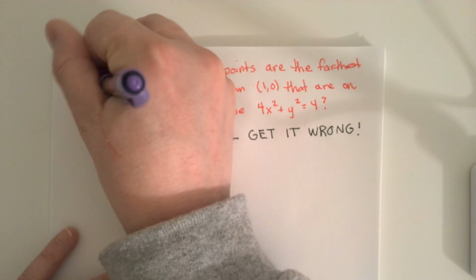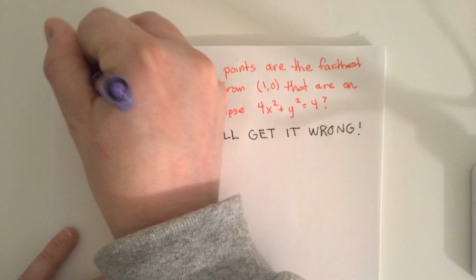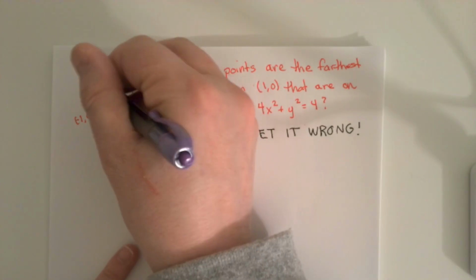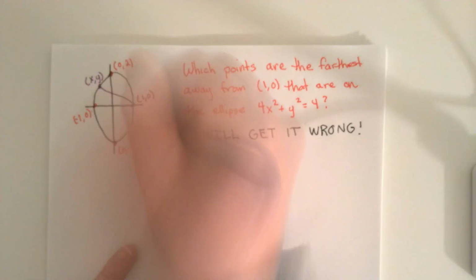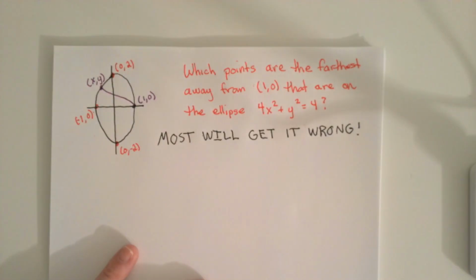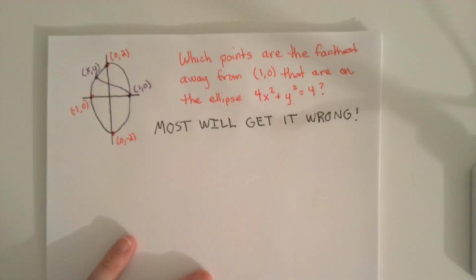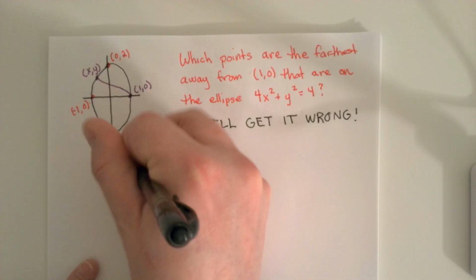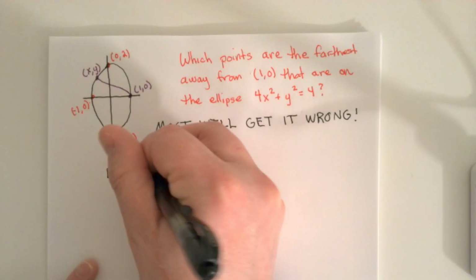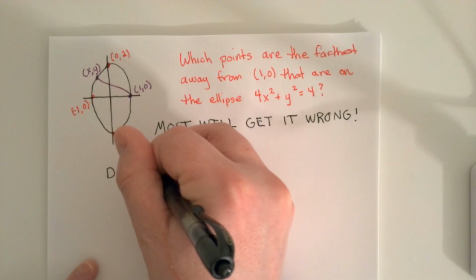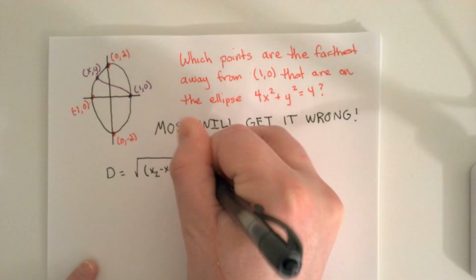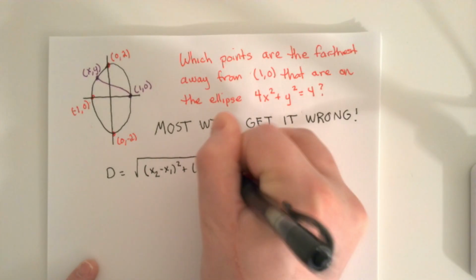So let's just write our point as (x, y) for a second. And we want to know the distance from here to here. Now, if you recall, the distance formula says that d is the square root of the differences of the x's squared plus the differences of the y's squared.